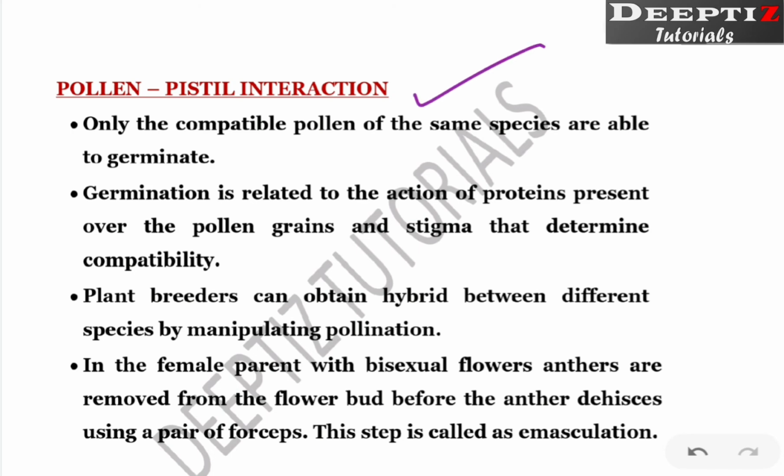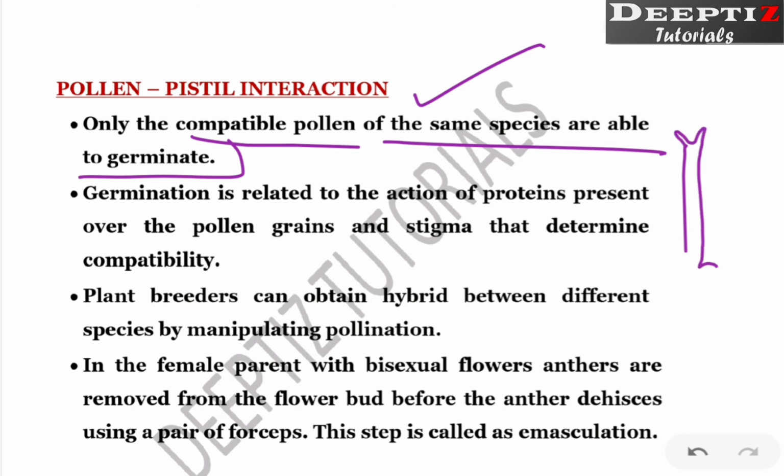Now we'll see the next thing that happens after pollination, that is pollen-pistil interaction, right? Only the compatible pollen of the same species are able to germinate. The meaning of the sentence is that suppose this is the stigma of a particular plant. If any other plant's pollen comes here, will it grow there?